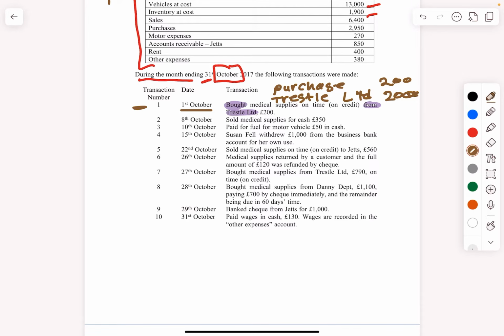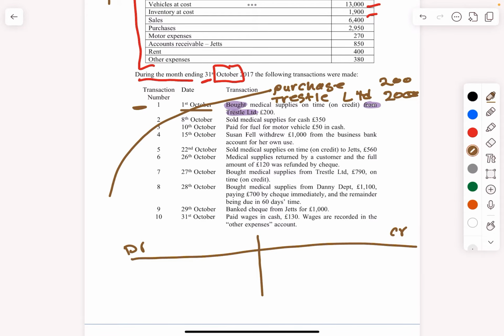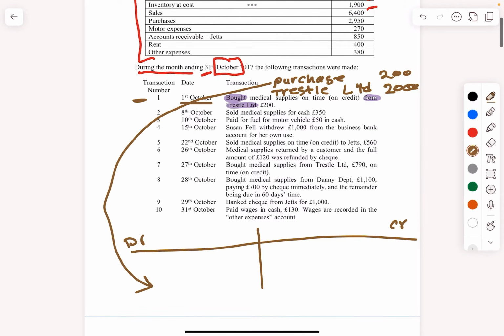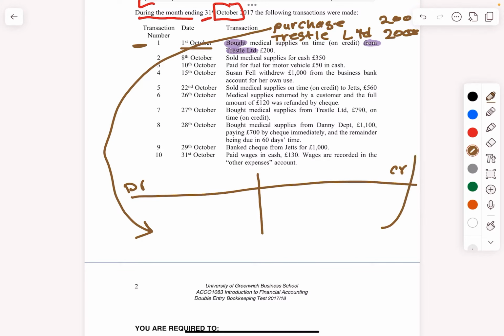Now, which one is debited? Which one is credited? Let's think about it. That's debit, that's credit. If we purchase something, is it something in, or did we give something? No, we purchased something.